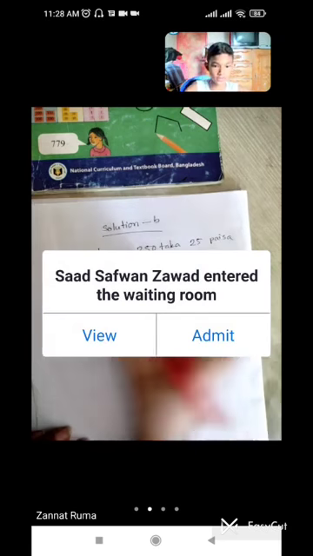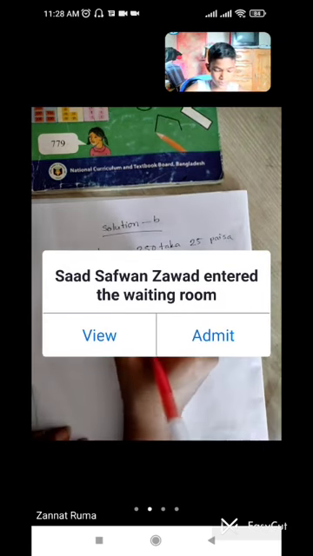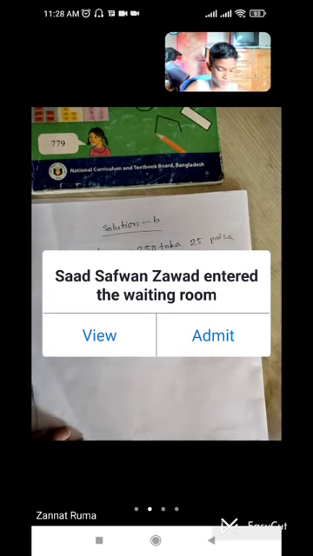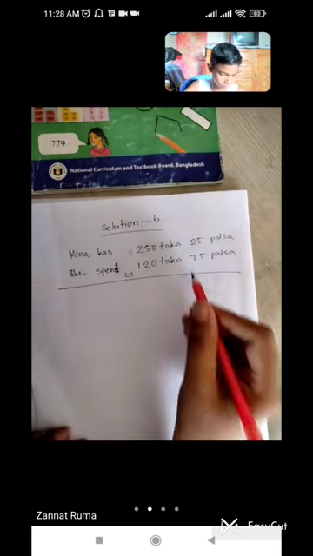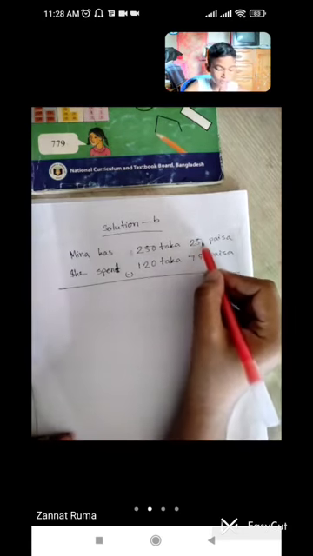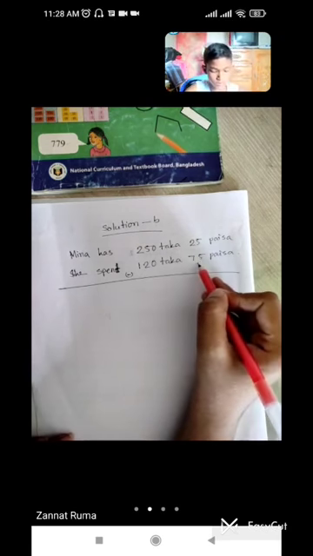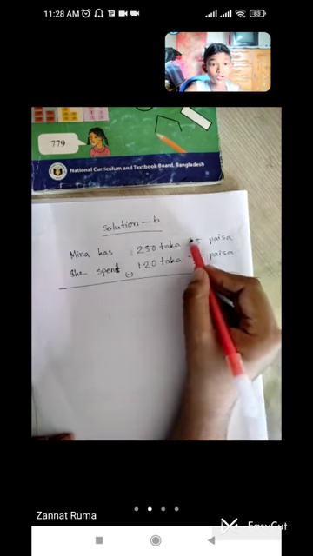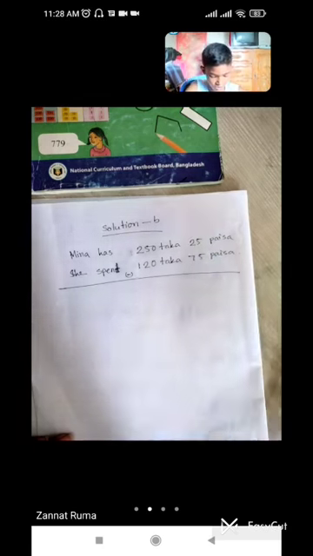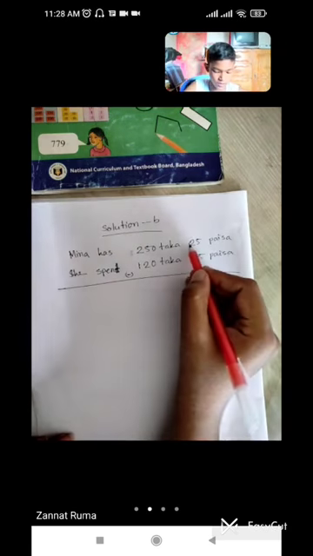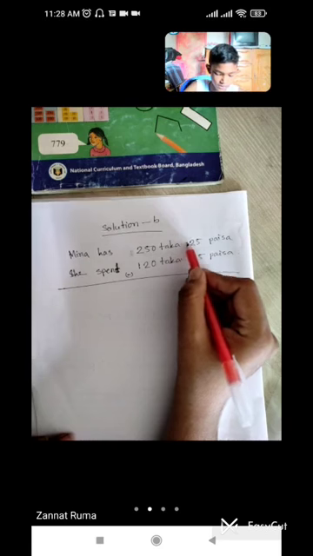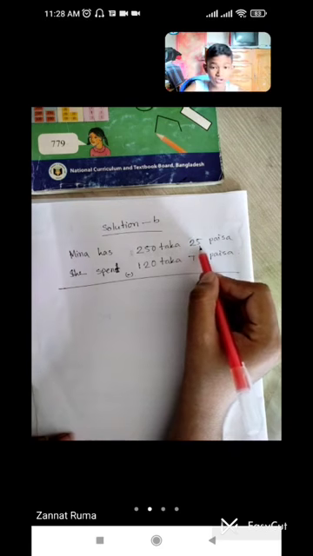Okay, now you will help me to do the subtraction. There are small numbers and there are bigger numbers. So if there is a small number, then I need to borrow 1. That means we will make here 125 paisa.